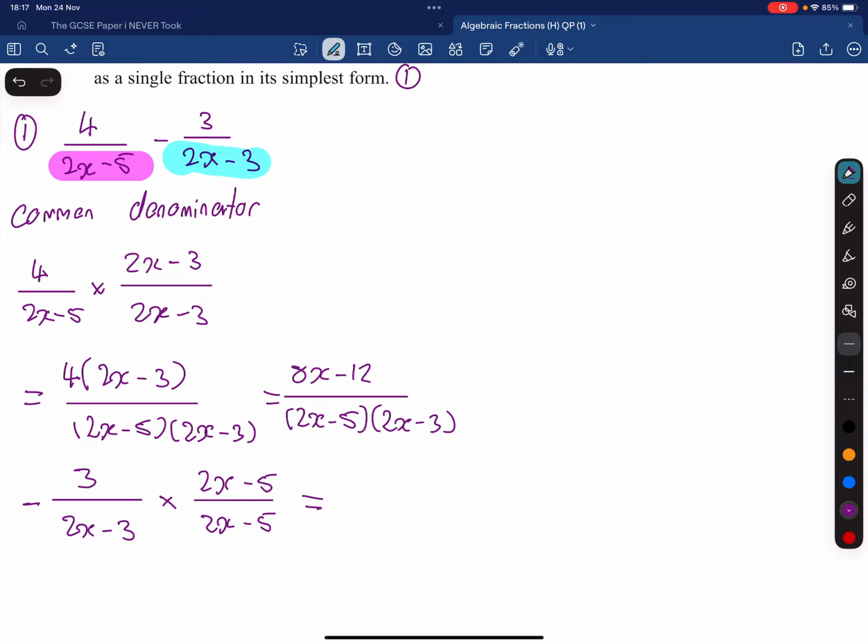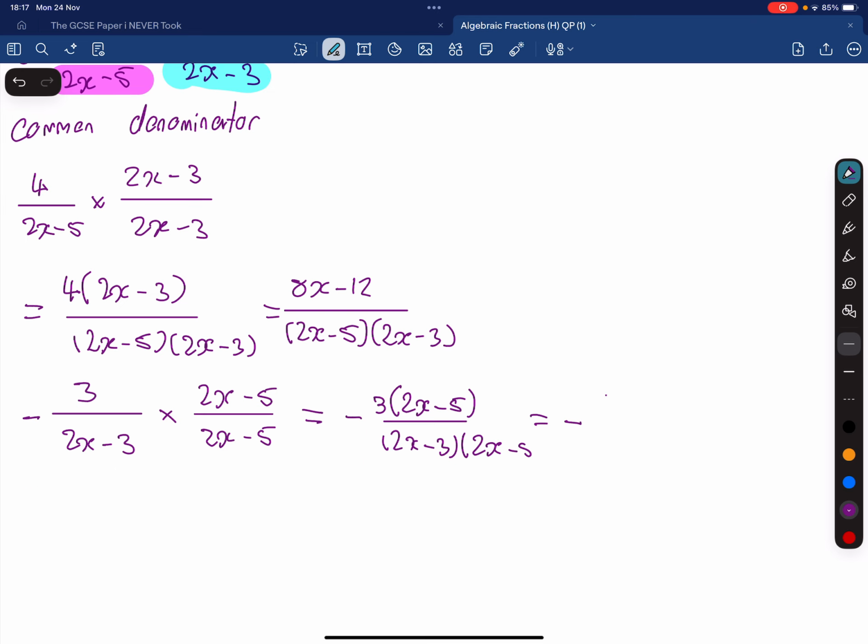And this is equal to minus 3 times 2x minus 5 over 2x minus 3, 2x minus 5, and this is equal to minus 6x minus 15 all over 2x minus 3, 2x minus 5.